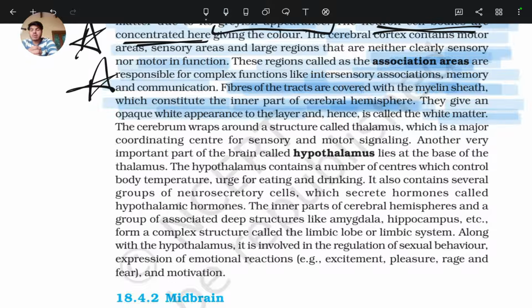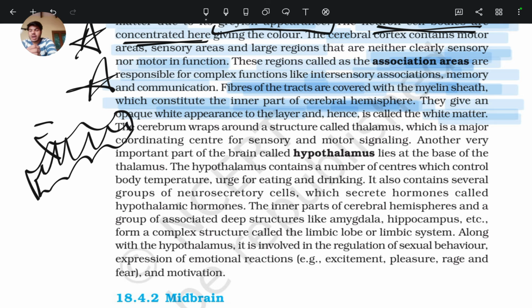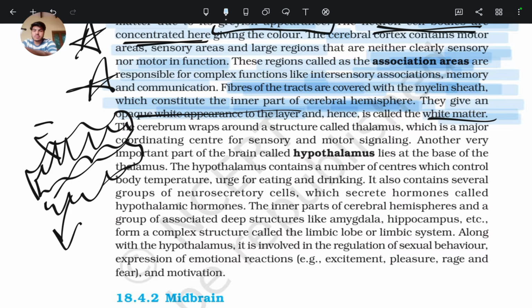So the outer layer is the cerebral cortex, which is grayish in appearance, made of cell bodies, and the inner layer is covered by myelin sheath, which gives it an opaque white appearance.